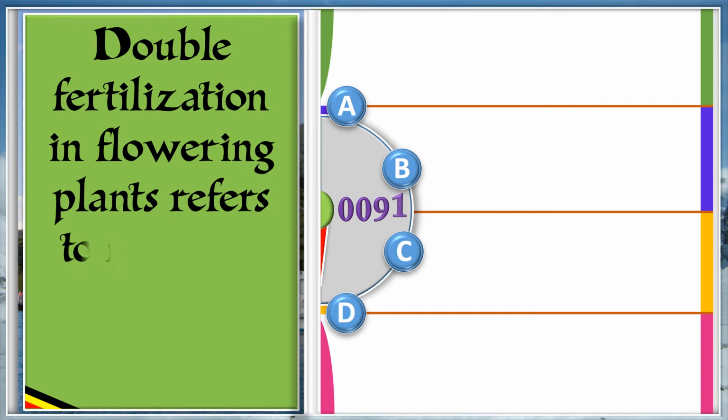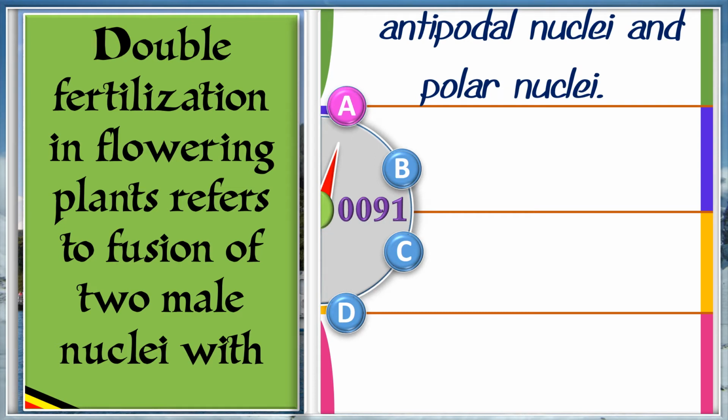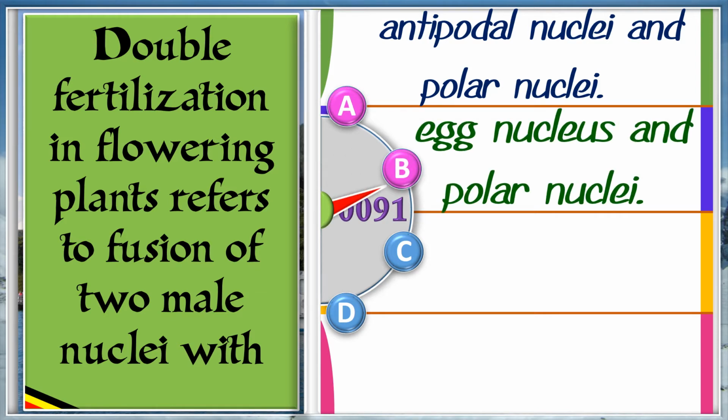Double fertilization in flowering plants refers to fusion of two male nuclei with A. Antipodal nuclei and polar nuclei. B. Egg nucleus and polar nuclei.